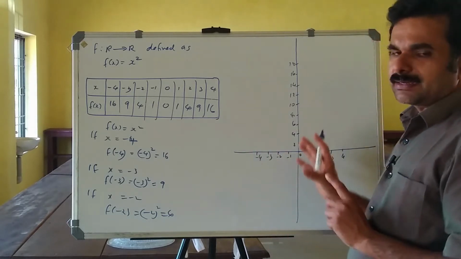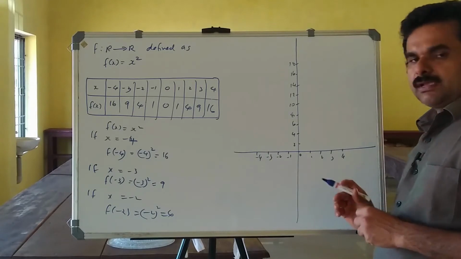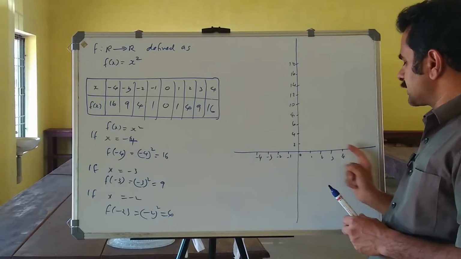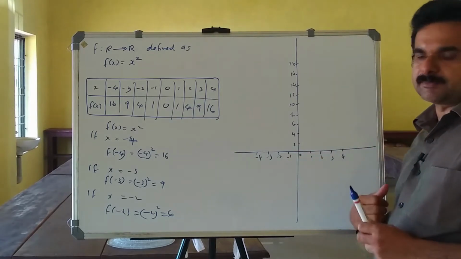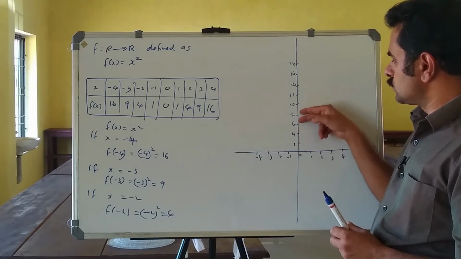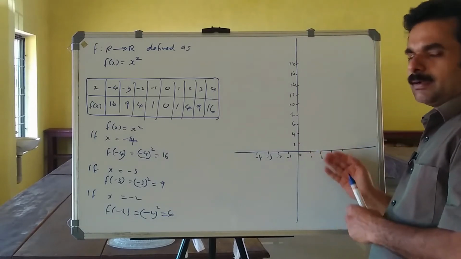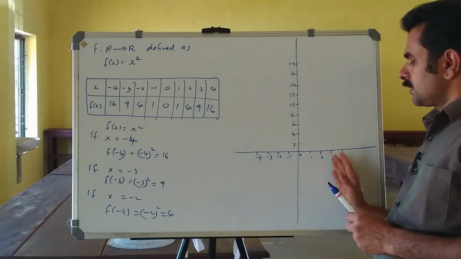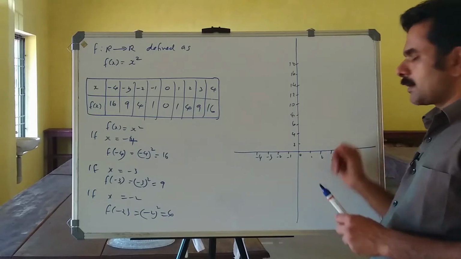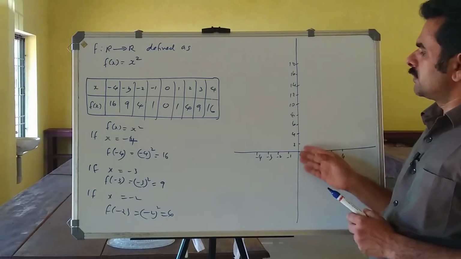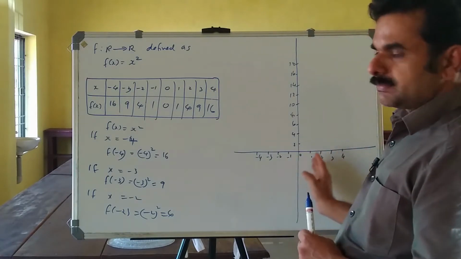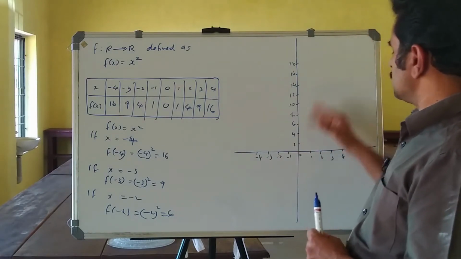So for a mathematical graphical presentation, we always mark both x and y axis the same measurement. Here the gap is 2, 2, 2, 2, 2, but here 1, 1, 1. But actually it is not correct because both x and y axis should have the same measurement. But for representing this type of graph, we are avoiding this type of concept and we are plotting this many points here.